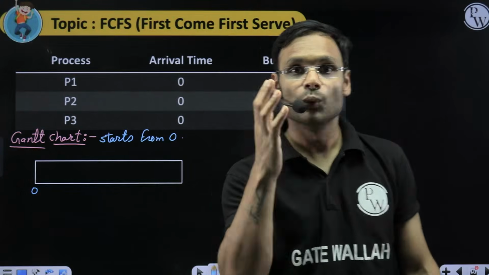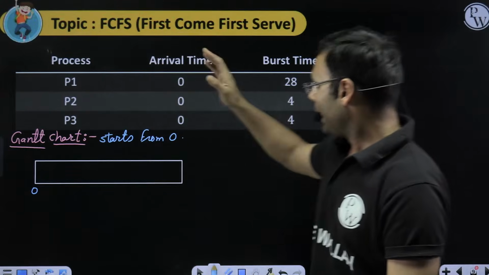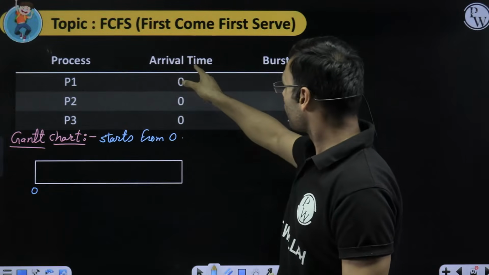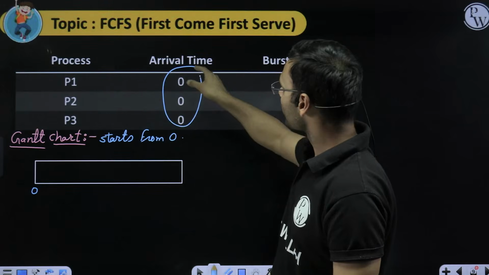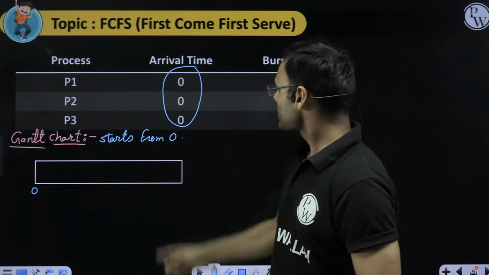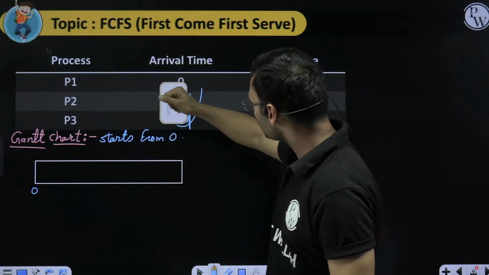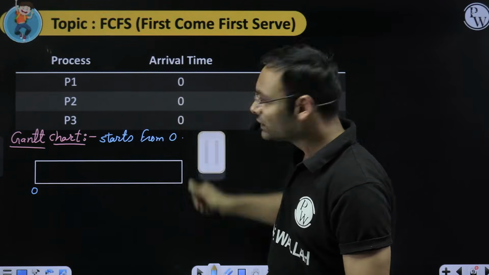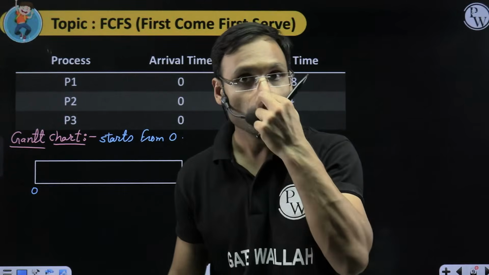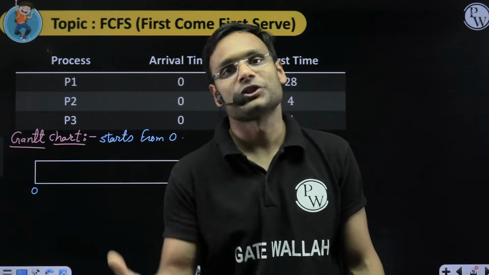At time 0, I'll have to check what all processes have arrived. All three processes have arrival time 0, which means all three have arrived. If all three have arrived at time 0, all are available for selection.